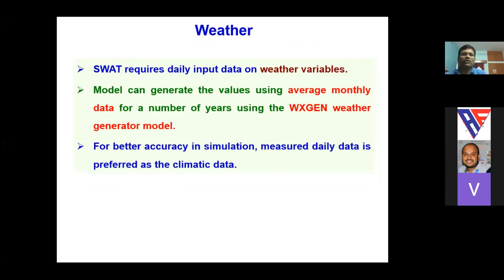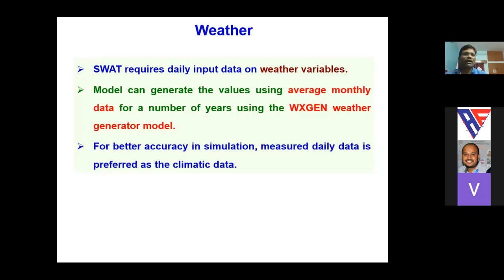Now I'm going to very briefly show you each of these components. I mentioned these weather parameters. SWAT requires daily input data, which we have to remember. Whatever the input parameters, climate and weather variables, you have to provide them on a daily basis.